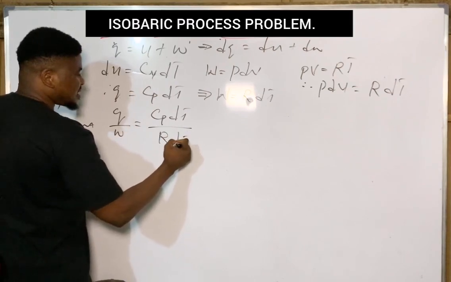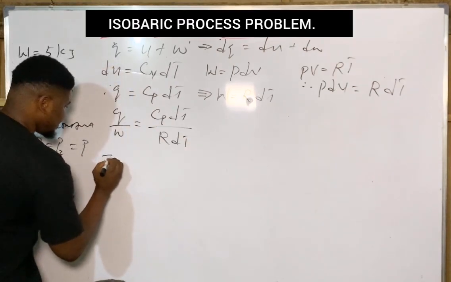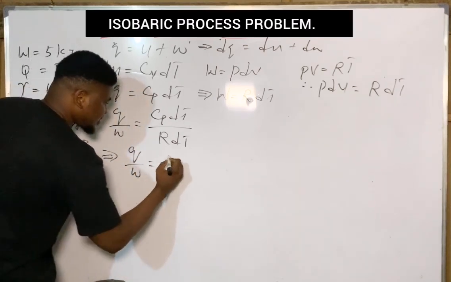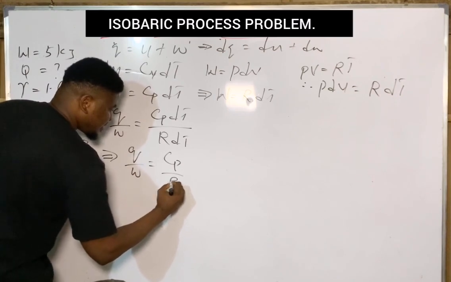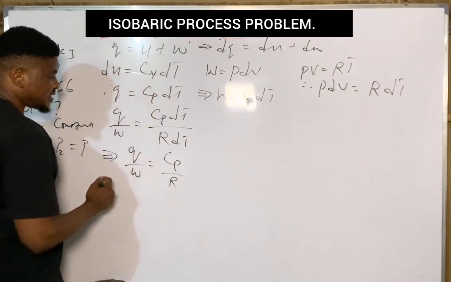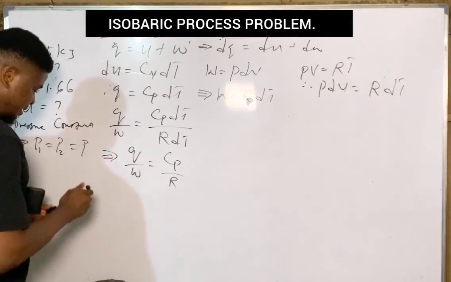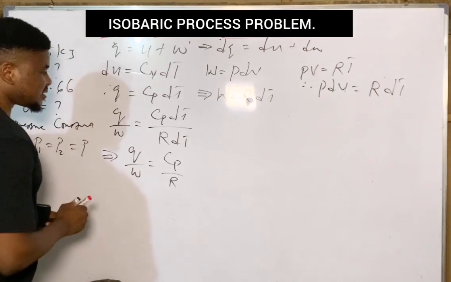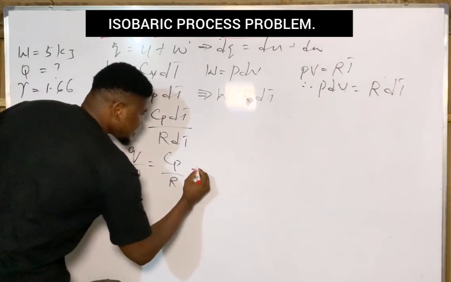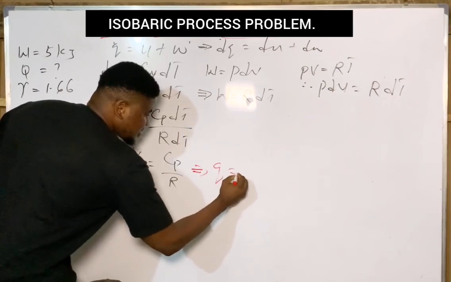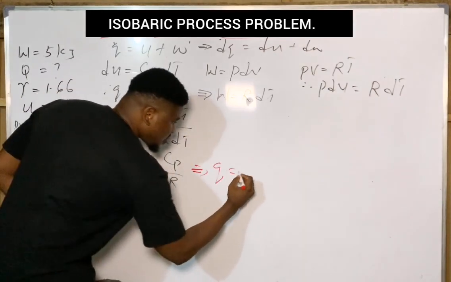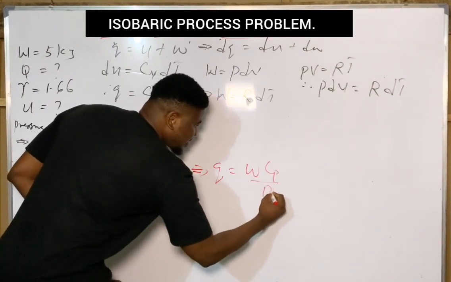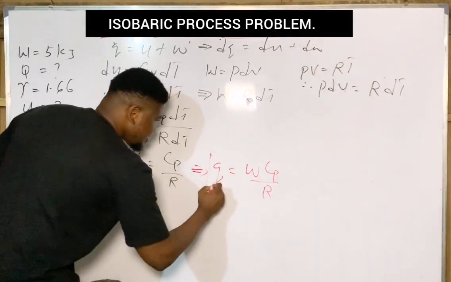From here, dT cancels out. This implies that Q over W is equal to Cp all over R. So we can make heat the subject of the formula to get the equation to find the heat. Heat is equal to work done multiplied by Cp all over R. So this is our heat equation.